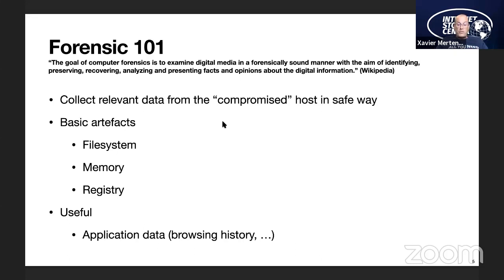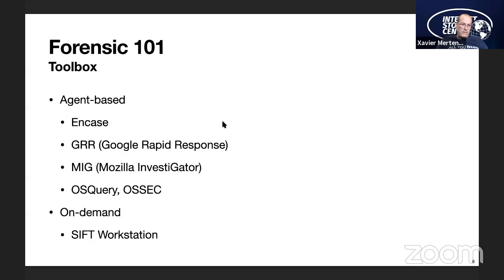So not directly based on the OS, but you can have, for example, the browsing history, which is very interesting, because you may find which websites have been visited by the victim just before the infection and so on. So basically, forensics is just collecting all this kind of information to be able to guess what happened and to take actions to remediate the incident.